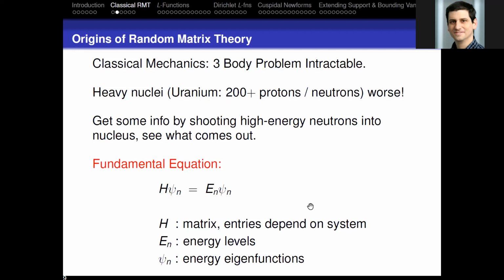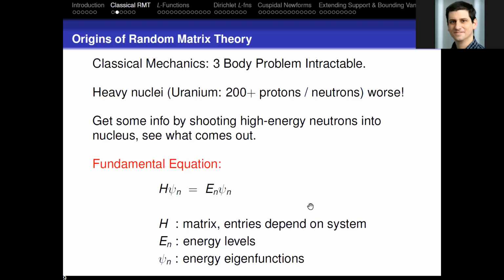So the main idea that physicists came up with was you can get some information about the structure of the nucleus by shooting a high energy neutron in and seeing what happens. And we'll see that there's an analog of this in number theory. And so the energy levels of the nuclei will correspond to the zeros of our L function. And then the energy of the neutron that we shoot in is going to be replaced by a Schwartz test function.